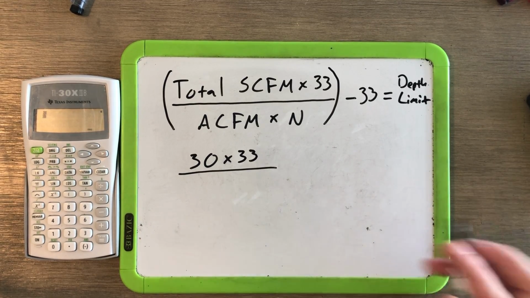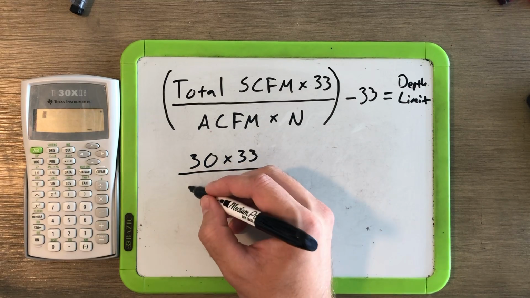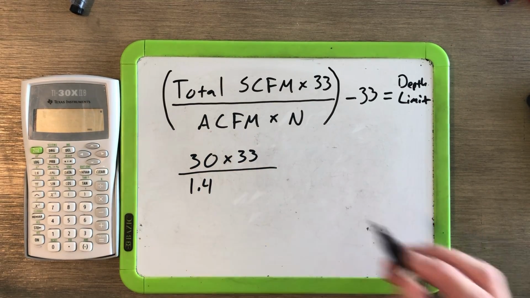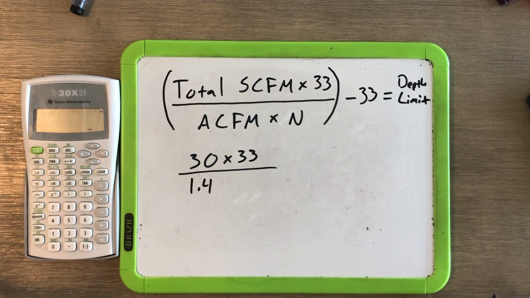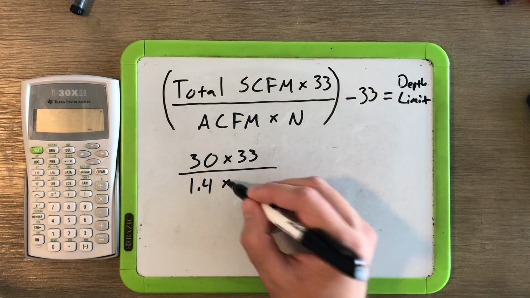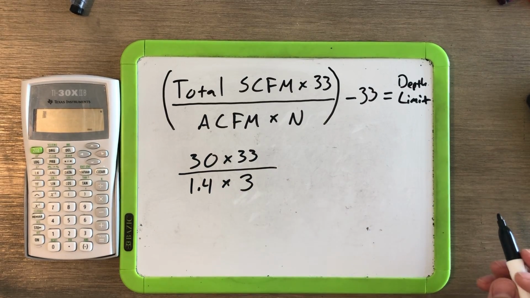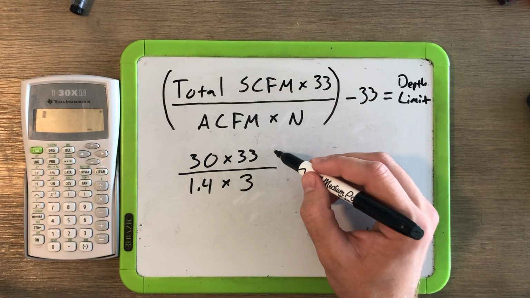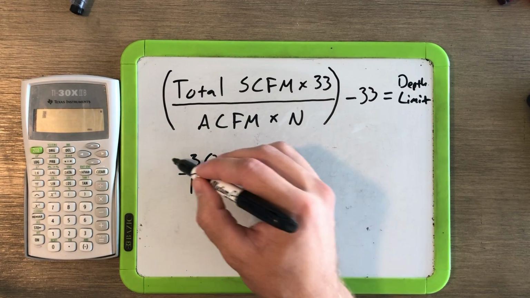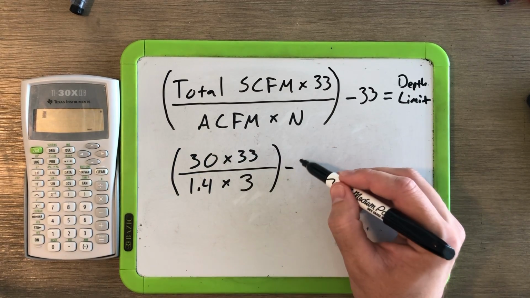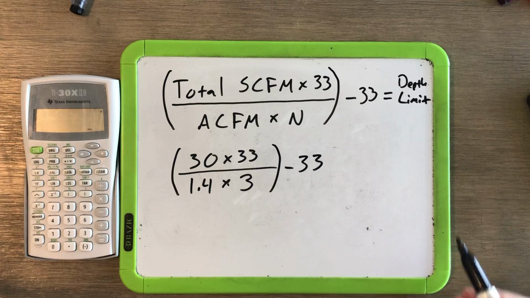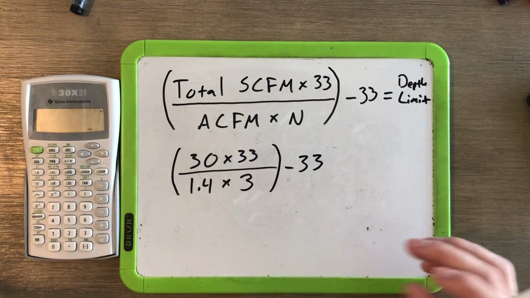You can reference it too, but this number for our circumstances here is going to be 1.4, and we're going to have 2 divers in the water with 1 standby, so that's going to be a total of 3 divers. 2 in the water plus the standby is 3. All right, and we're going to get that number, and then we're going to subtract 33 from that, and that's going to give us our final answer.